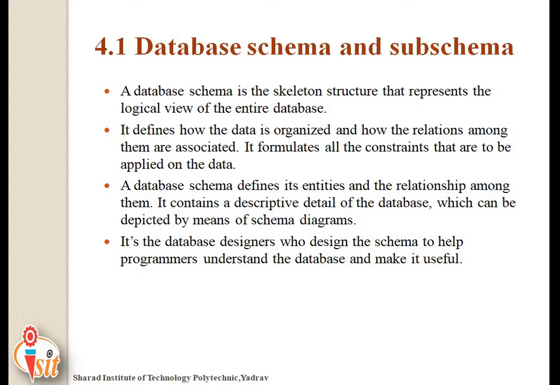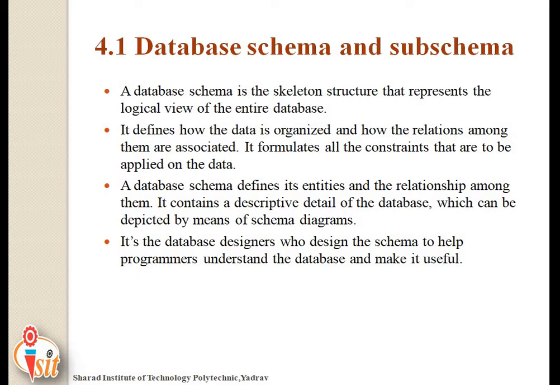Then relation schema. A relation schema represents the name of the relation with its attributes. And today we are going to see the first point of our fourth unit, which is database schema. It is closely related to the relational schema. Now degree. What is degree?